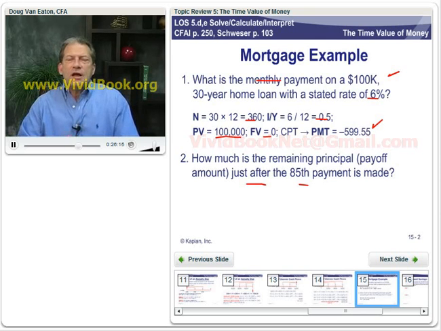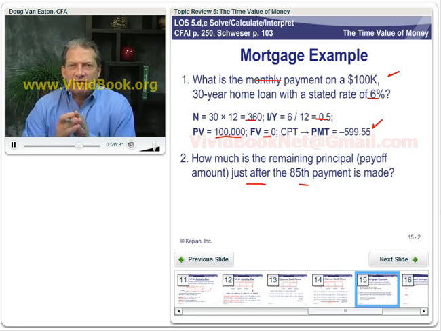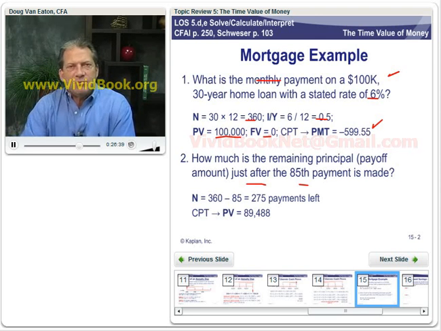Well, one of the nice things about your calculator, I guess it's a nice thing, is that it keeps all that stuff in memory, whatever the last thing was in there. So now we know the monthly payment, we just solved for it. And we're going to change the n. So if we've just made 85 payments, how many payments are left? Well, that would leave 275 payments left.